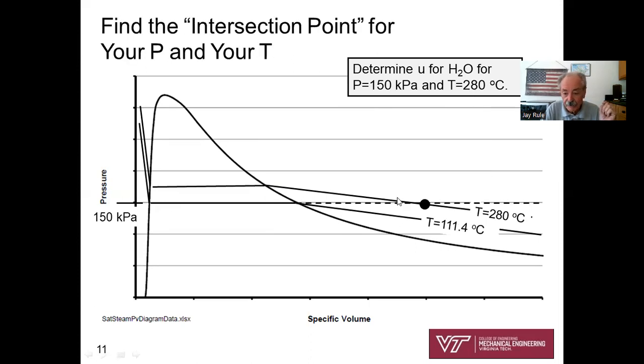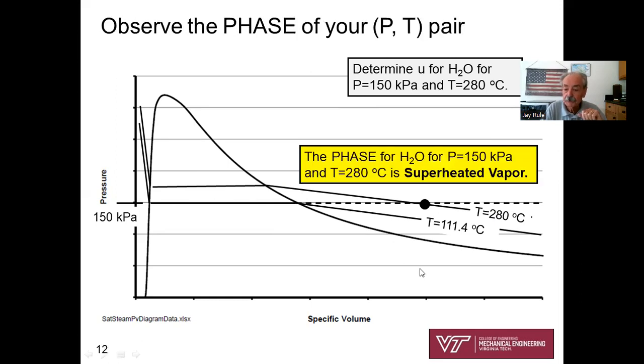Our pressure is 150, so we've got to be along this horizontal line. Our temperature is 280, so we have to be on this isotherm. The intersection point is right there. Our conclusion is that the phase for H2O at 150 kPa and 280 degrees C is superheated vapor.